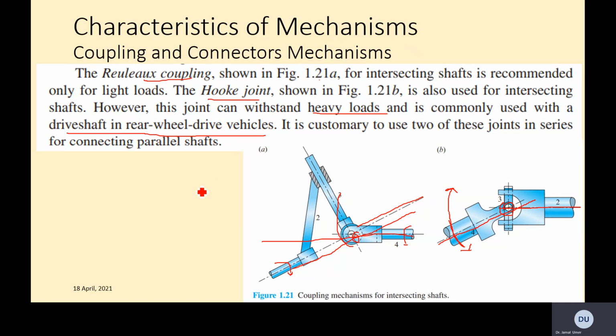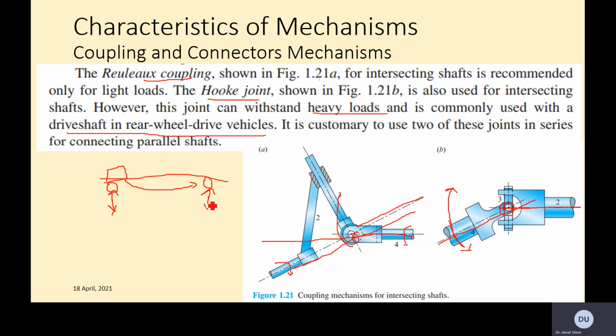And because the wheels have to move up and down in a vehicle, for example, if you have the engine over here and you want to deliver power to the rear wheel, there is a shaft. The shaft needs to be flexible so that if this moves up and down, because this is the way the vehicle suspension works, the shaft should not break.